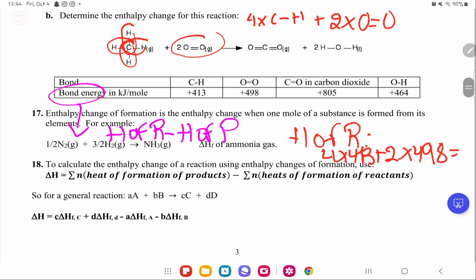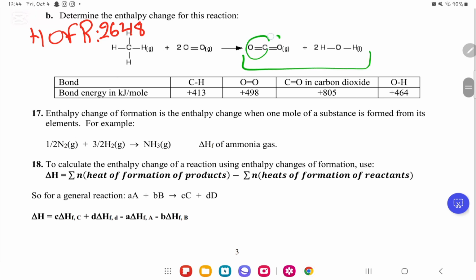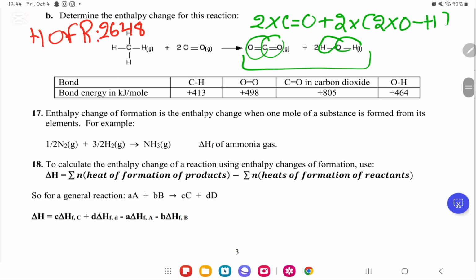If we do it on the calculator, we are gonna get 2648. So we found the heat of reactants, which is 2648. Now, let's find the heat of the products. We have 2 times C double O bond plus 2 times 2 times OH bond.